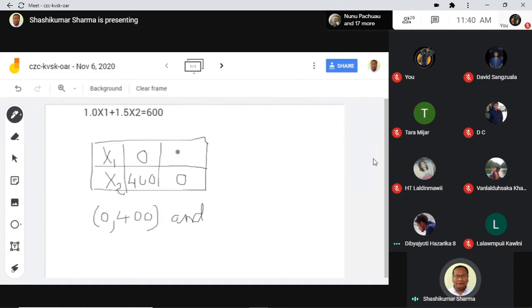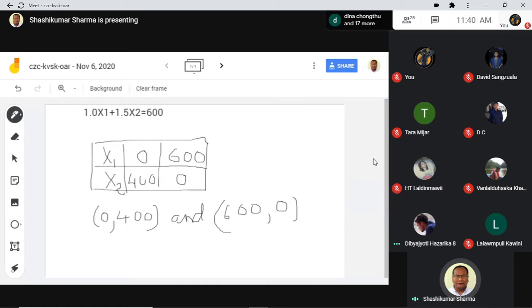So x1 will be nothing but 600. So the second coordinate is 600, 0, because x1 we have to write first, and x2 is 0. So you got these two coordinates.